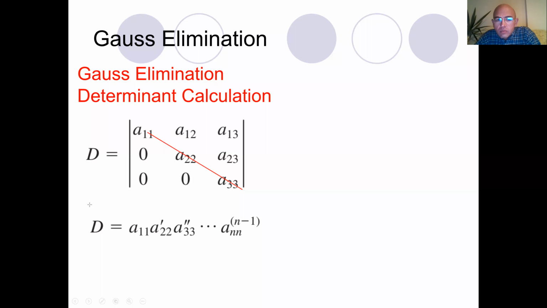As a result, you can easily calculate the determinant of the original coefficient matrix, D, or the upper triangular matrix, like this. Okay, so this is one thing that you can use the Gauss elimination for.